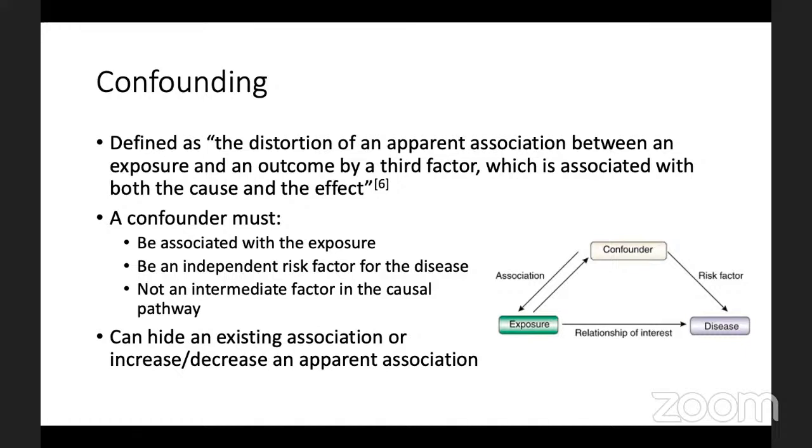So it was not equally distributed between the exposed and non-exposed groups. Then smoking, we know, is an independent risk factor for COPD, even in patients who are not exposed to dust. And then we know that the presence of smoking doesn't promote dust exposure as part of a causal pathway. So smoking as the confounder, therefore, meets all of these three criteria, and then we can say that it is a confounding variable.